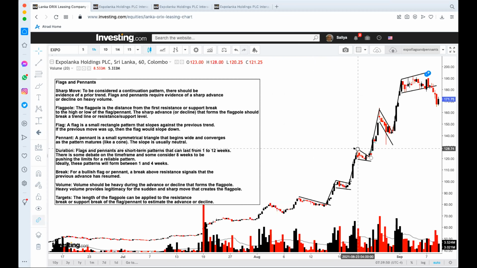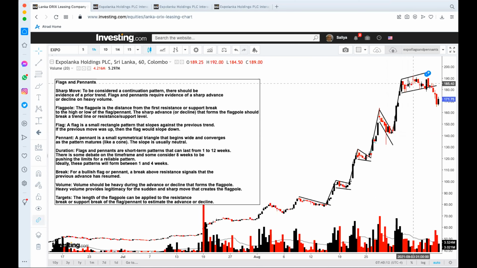Then you have a symmetrical triangle formation here. Then a decent downward sloping channel, which can also be considered a flag. Here you can see an upward channel, right? These can also be used in isolation.